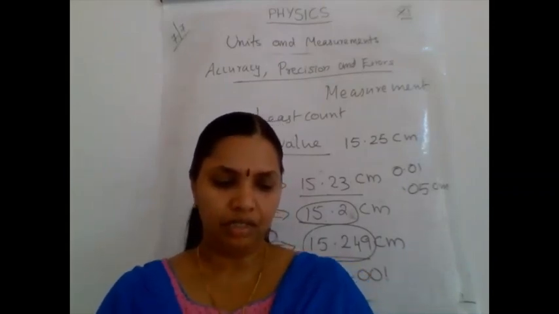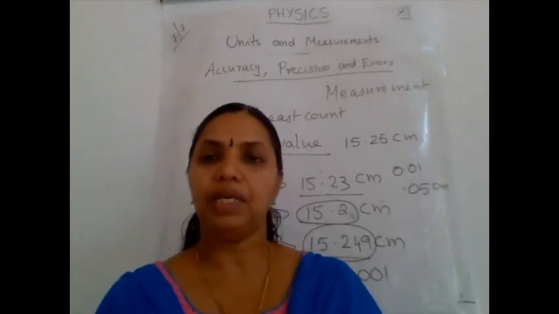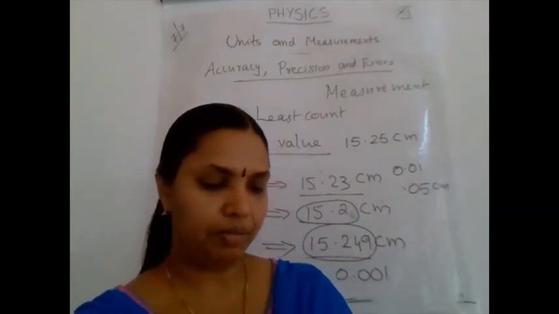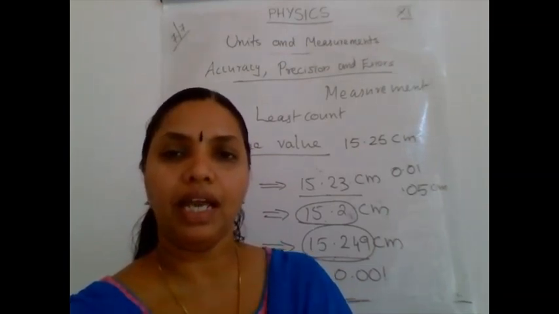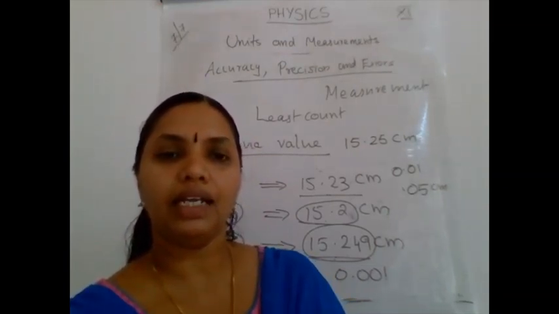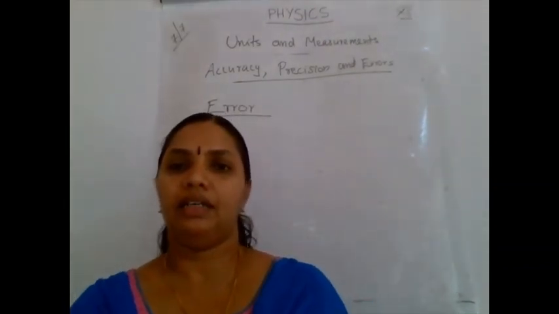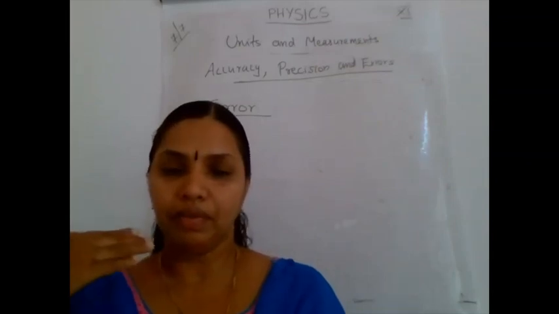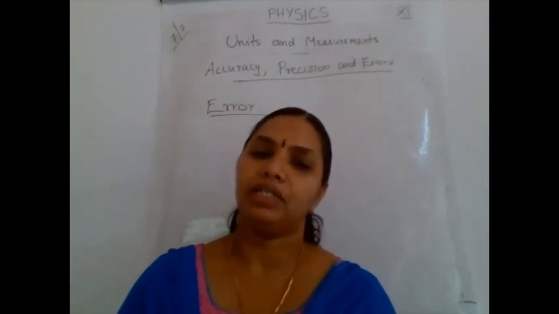So next, you write down the next question: what do you mean by error in a measurement? Next we have to discuss error. We are measuring a physical quantity with a measuring device, isn't it?